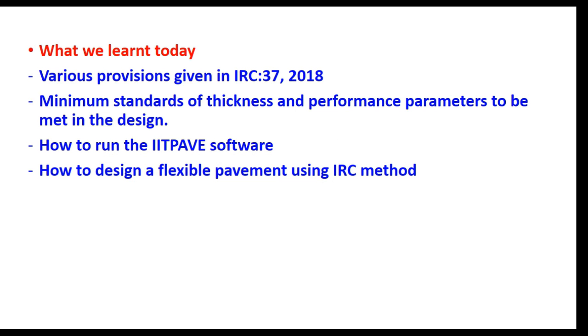So friends, what we have learned in this session is the various provisions which are given in IRC 37 for design of flexible pavement, minimum standards of thicknesses and performance parameters to be met in the design, and how to run the IIT software, and the complete procedure of designing flexible pavement.